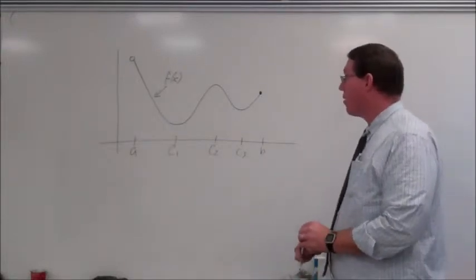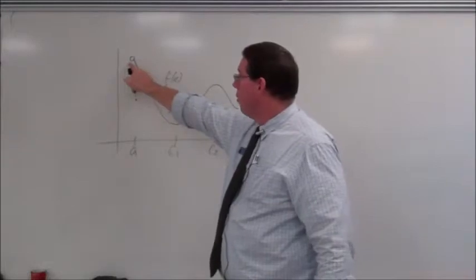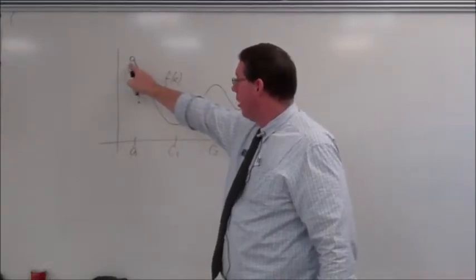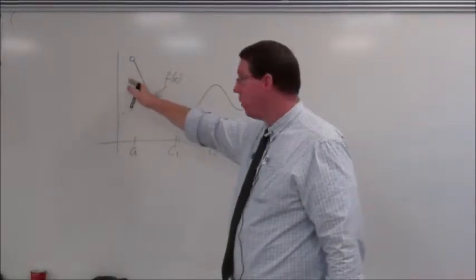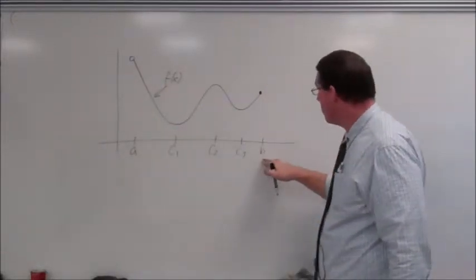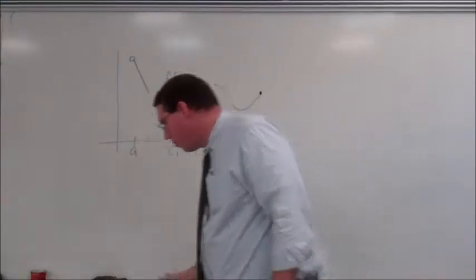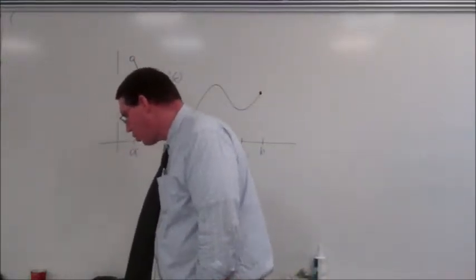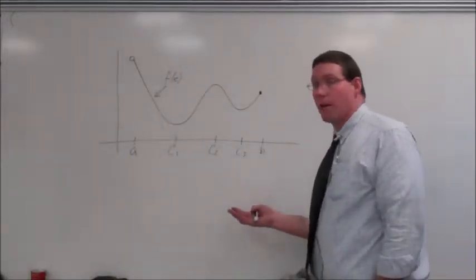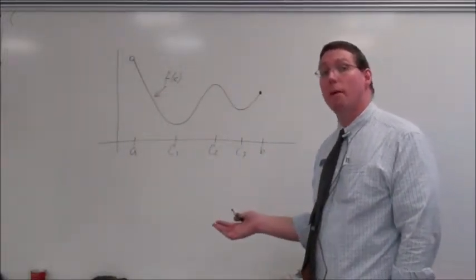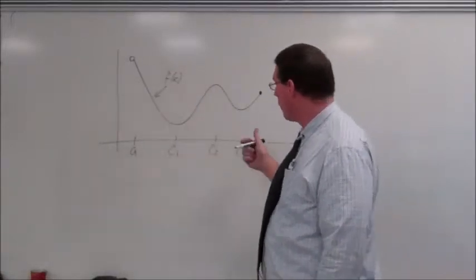We have an open circle at a, which means that a is not included on the interval, and a closed circle at b, which means that b is included. The second part says, state whether or not the extreme value theorem can be applied and explain why. In this case, the extreme value theorem cannot be applied because this is not a closed interval from a to b.